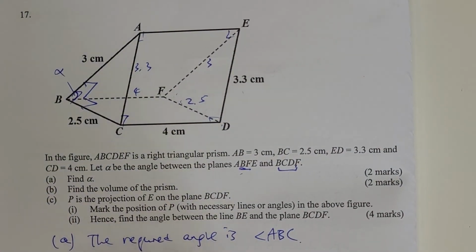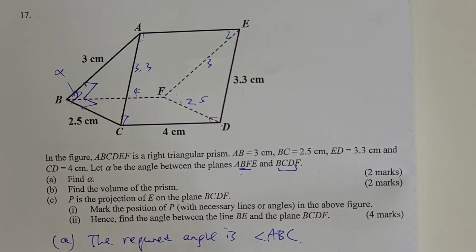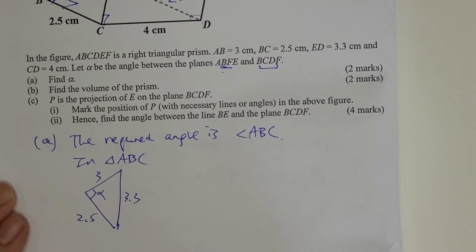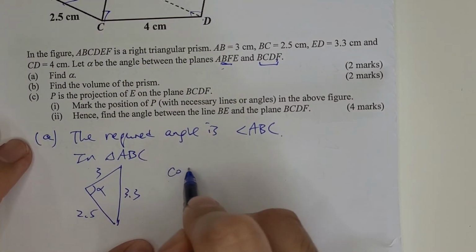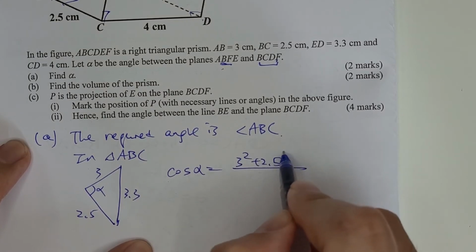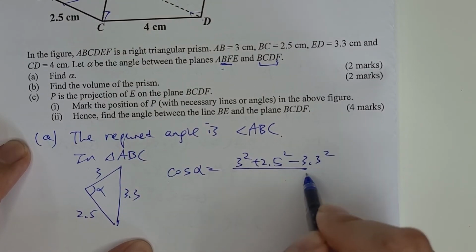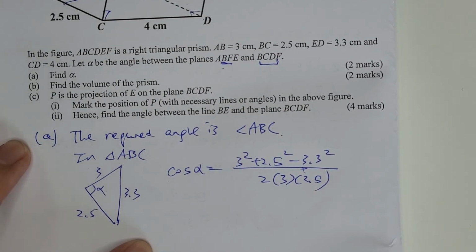So in triangle ABC, 3, 2.5, 3.3, alpha. May not be to scale, but it is easy to understand. So cosine alpha equals 3 squared plus 2.5 squared minus 3.3 squared over 2 times 3 times 2.5.